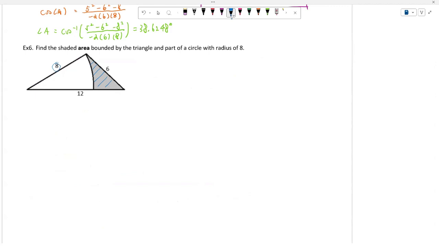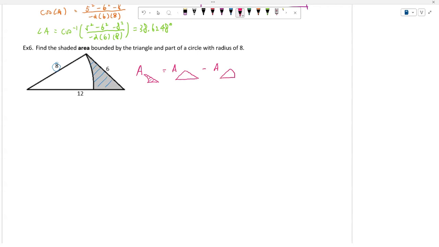In order to find the shaded area, what we can do is find the area of the triangle first, and then subtract the area of the sector.